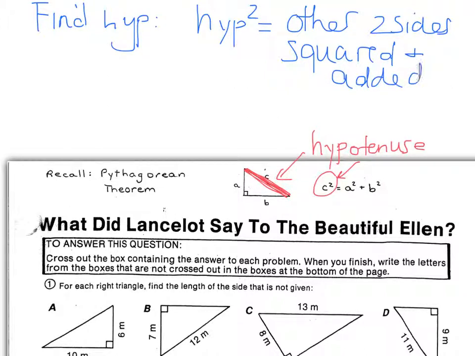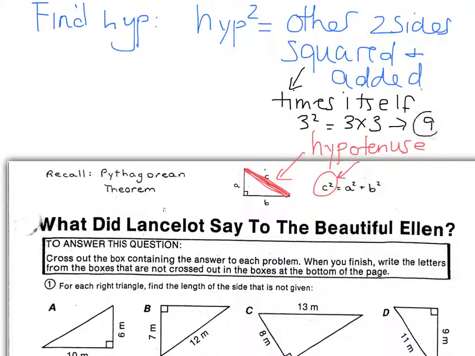Don't forget, squared means times itself, right? So if you're calculating a number squared, that means times itself. For example, 3 squared means 3 times 3, which is 9, not 6, right? So make sure that you're squaring properly. If you're finding the hypotenuse, that's what you're going to do. You're going to add the other two sides up when you square them.